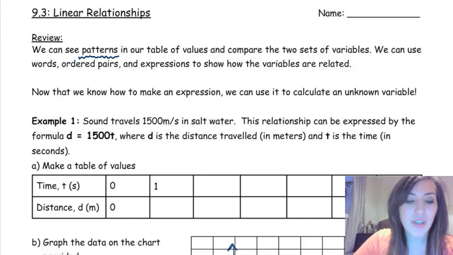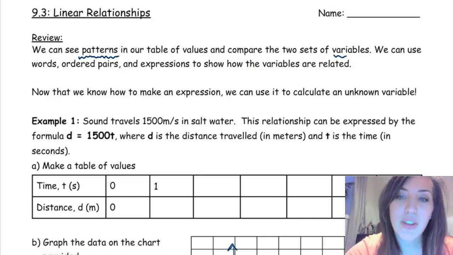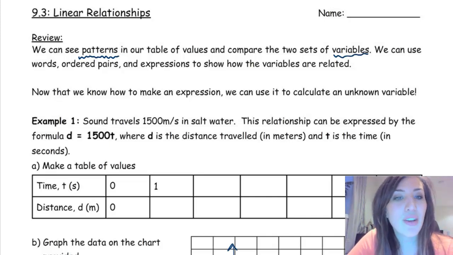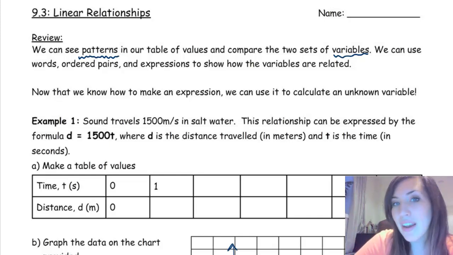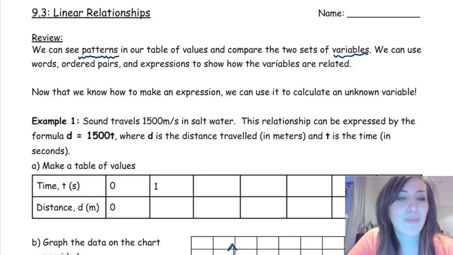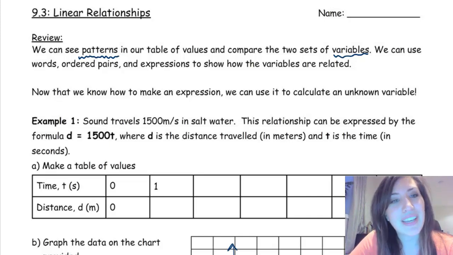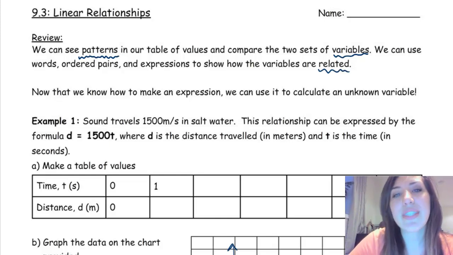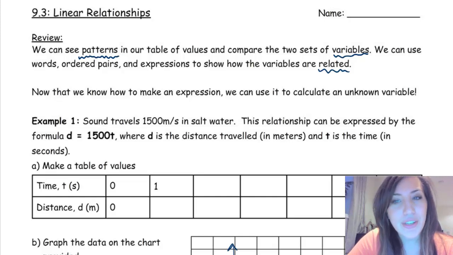We can also use words to describe how the variables are related, or we can show ordered pairs, or we can use expressions to show this relationship. So we talked about all three of those in 9.2. Now that you know how to make an expression, we can use that to calculate unknown variables.